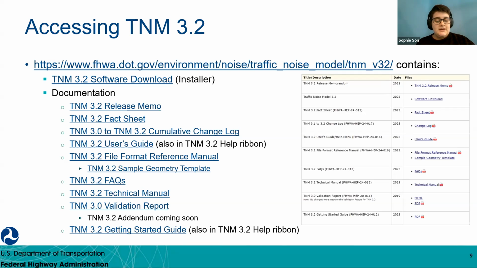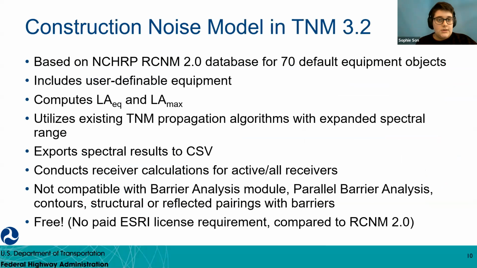And between 3.1 and 3.2, we will have an addendum to that validation report coming out very soon, stating the very slight level differences between 3.1 and 3.2. We've done all the testing already, so I can attest that the levels are very slightly different, but it's just a matter of getting the report through the approval process to be publicly available, which will happen soon.